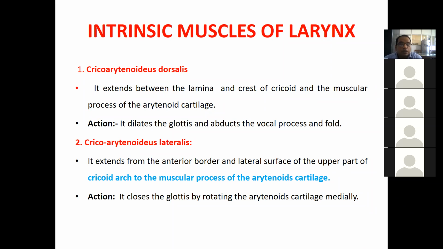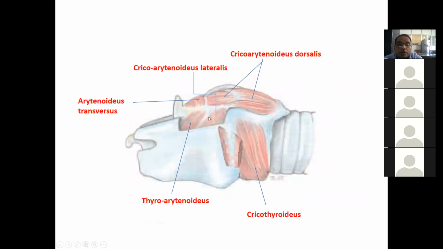I told you this cricoid cartilage has two parts, the lamina and the arch. The lamina is the dorsal part and the arch is the lateral part. So this muscle attaches from the lateral part of the cricoid cartilage to the muscular process of the arytenoid cartilage.